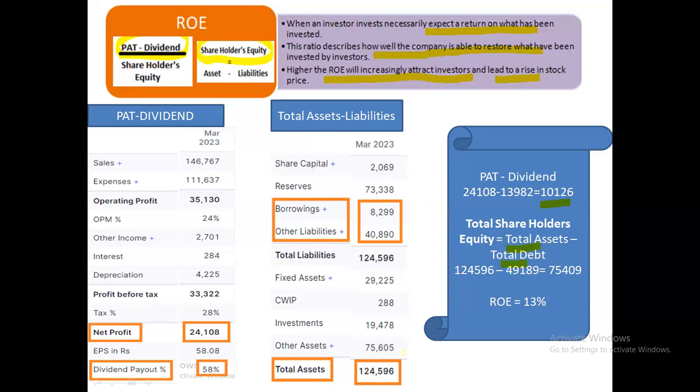Total assets is 1,24,000 minus total debt, that is whatever is there in the debt level that is going out or payable, which comes to 75,409. PAT minus dividend, that is 10126 divided by 75,409, you will get ROE. This is called return on equity.